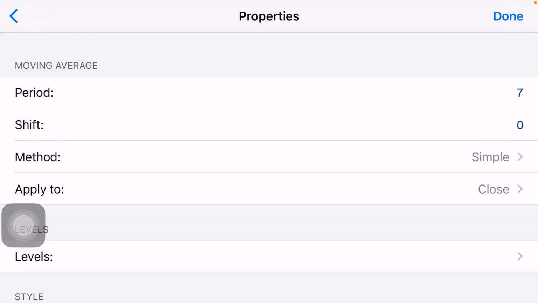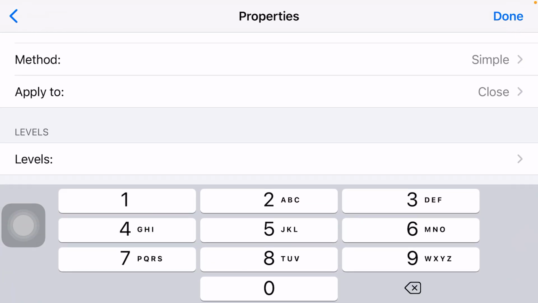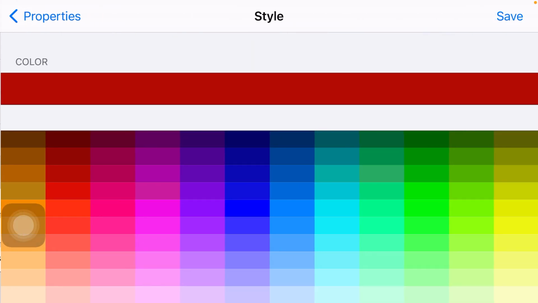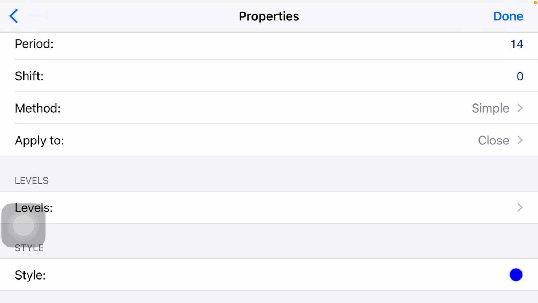Instead of 7, we now make it 14, and we change the color to blue. That's my personal settings. The reason I'm changing the color to blue is so that we can distinguish the 7 from the 14. If you keep the same red, you won't see which one is 7 and which is 14. With one red and one blue, at least we can know the difference.